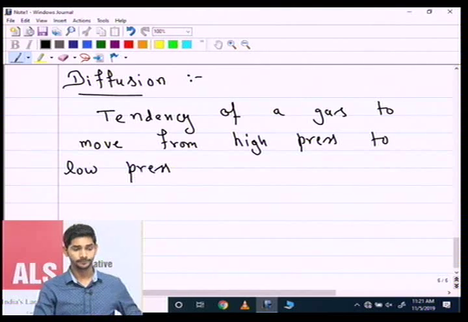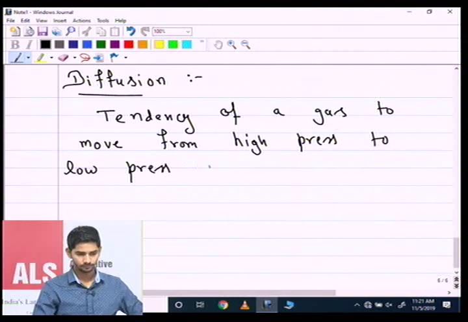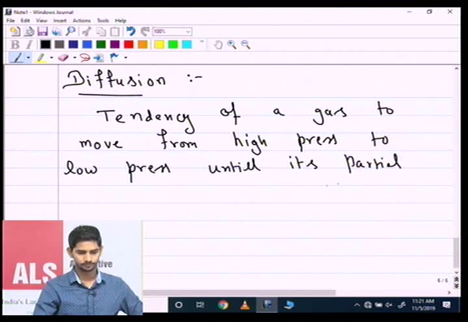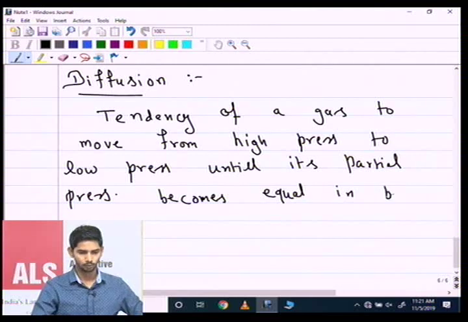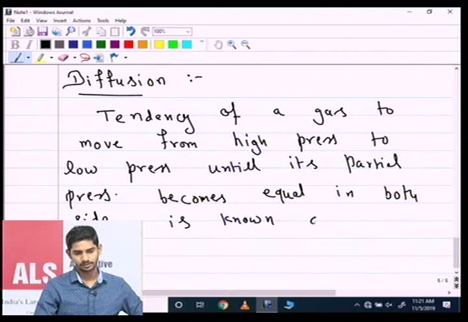I'll write the general definition as well.